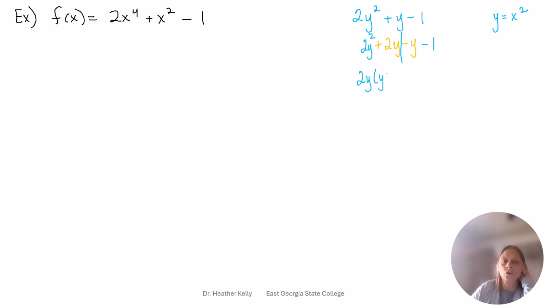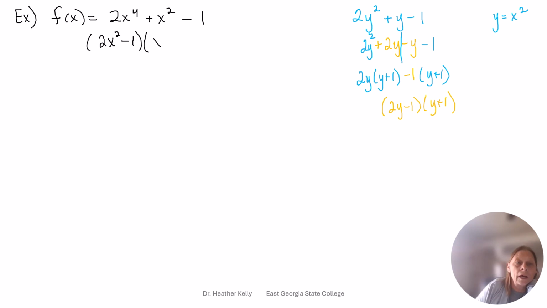And if you're still struggling with factoring, you need to holler at me because it doesn't get any better. And so you can see that this factors as 2y minus 1, y plus 1. So over here I can easily say that this factors as 2x squared minus 1, x squared plus 1.